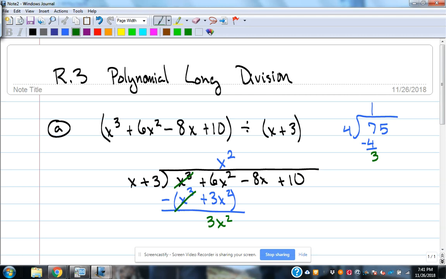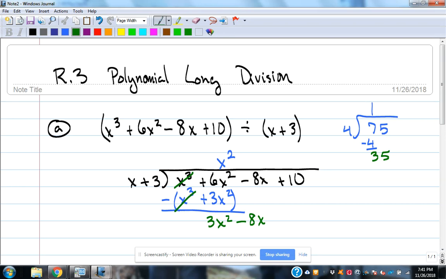And when I was doing this kind of division, what did I do with the 5? Bring it down. Same thing happens here. I'm going to bring the minus 8x down. I don't have to bring the plus 10 down yet, because how many terms does this have? 2.